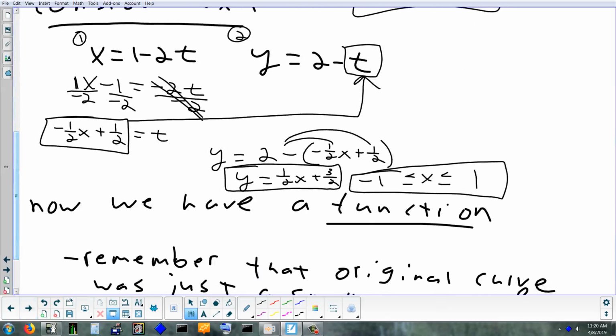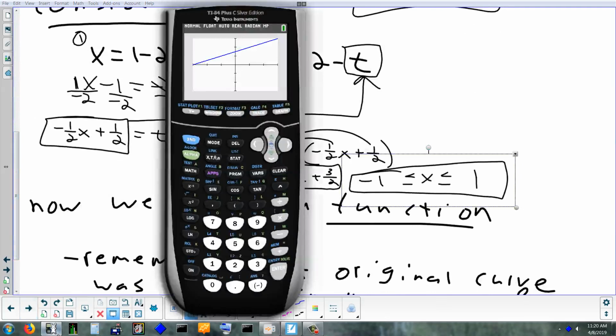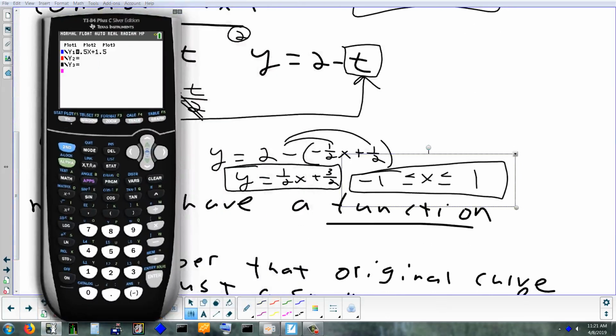So when you eliminate the parameter, you do two things. Tell me the formula, that's the hard part, and then tell me where to draw it. What should I stay between? Now, on the calculator, we can tell the calculator to do that. What you have to do is put that formula in parentheses, and then next to it, type this in. But you can't type it as a conjunction.